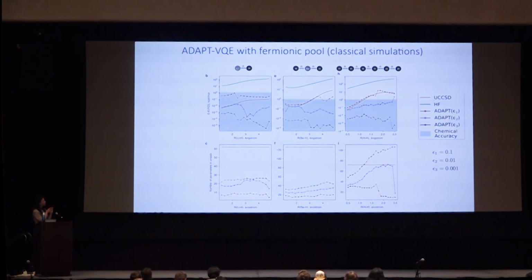All right, so here we have a few different versions of ADAPT, depending on how much we tighten it. So epsilon 3, shown over here, the red one performs, the brown one performs better because it's a tighter threshold, which means we're adding more operators, right? Not surprisingly, it works better than the rest. And you see that we quite easily beat UCCSD, which is a fixed ansatz.